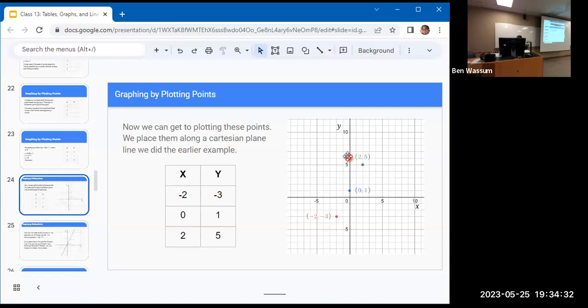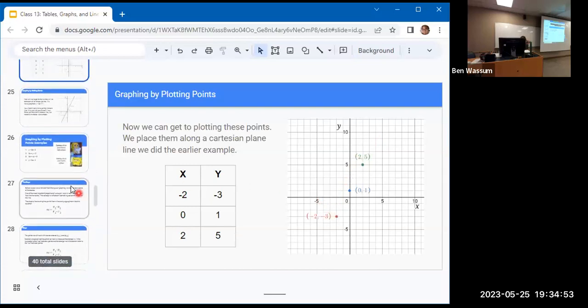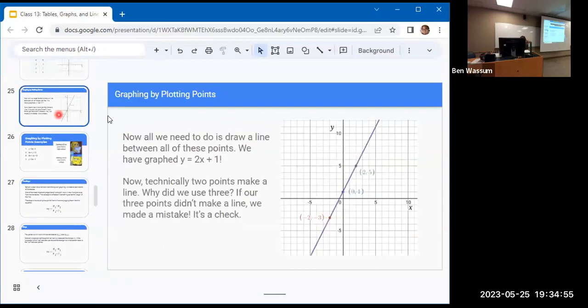So generally, if you have 1 point kind of out here and these 2 lining up nicely, then you know you made a mistake somewhere. So you go back and check your answers, make sure everything's okay. Now, if they are along the same line, then you could be reasonably sure you have the right answer. And you just take those 3 points and you draw a line between them.